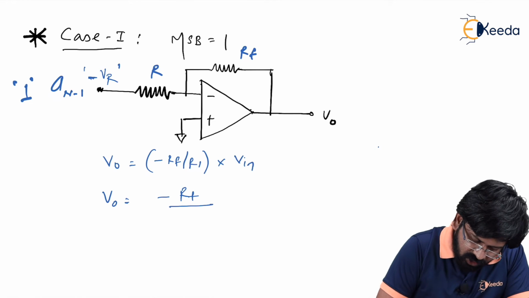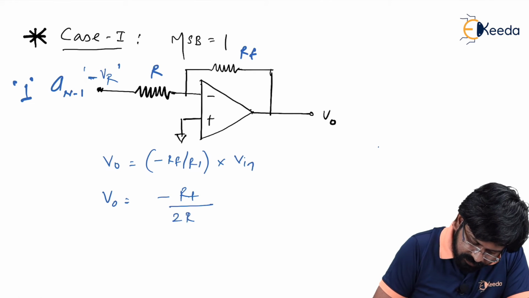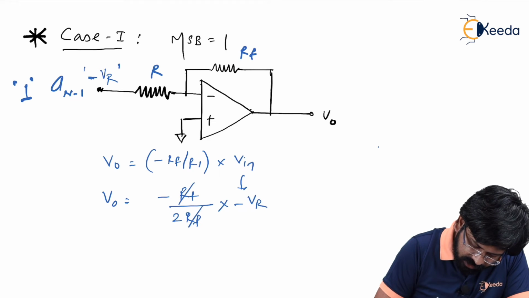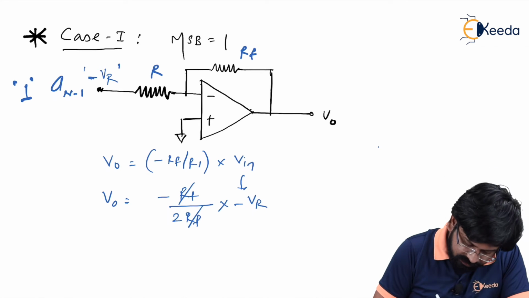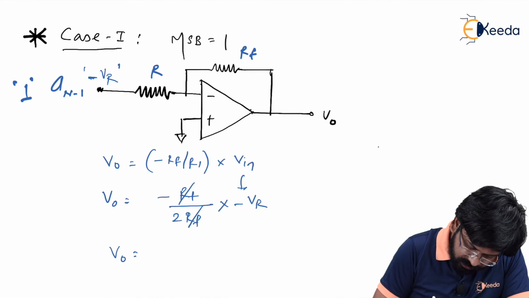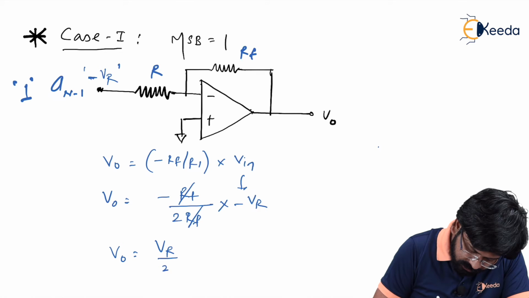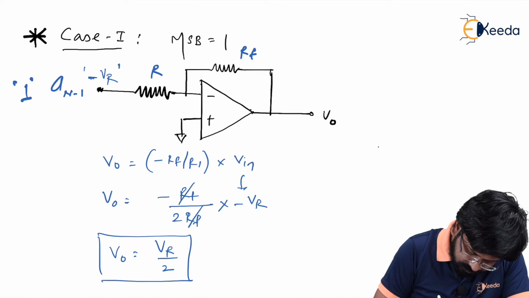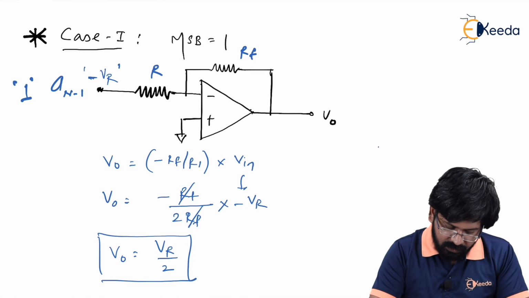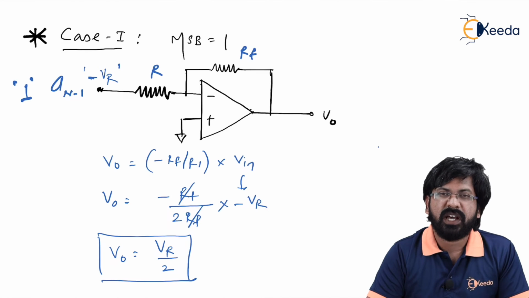We know that the value of R1 is nothing but Rf multiplied by the value of Vin, which is minus Vr here. Here Rf got cancelled, negative negative has become positive. So you get V0 equal to Vr divided by 2. Is that right? So V0 value is equal to Vr divided by 2.